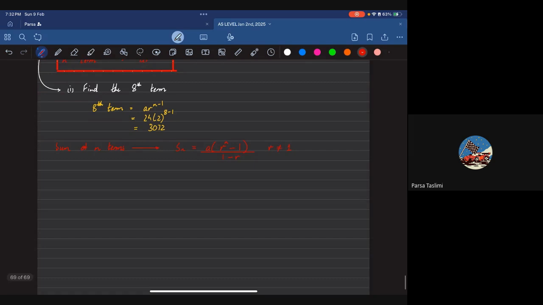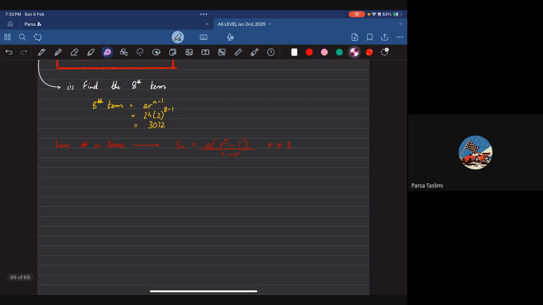And this is how you find the sum of n terms. It's very, very simple. It's not that difficult at all. But what if your r is less than 1? This is for all the sequences in which your r is greater than 1.